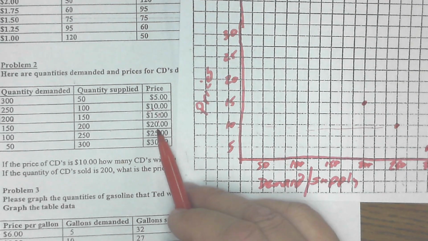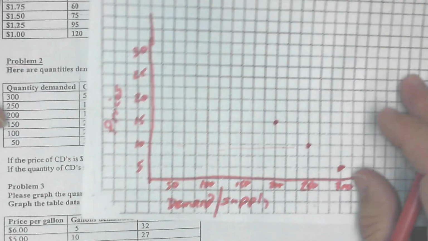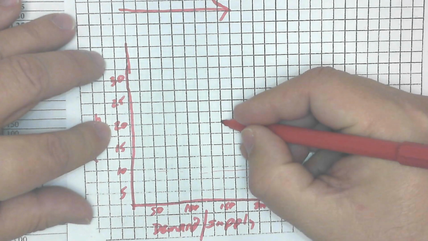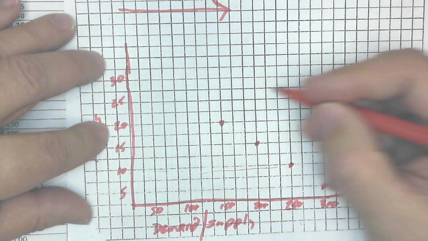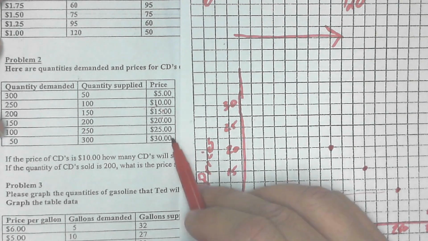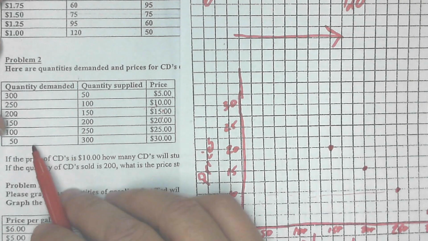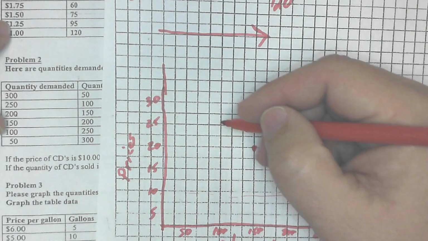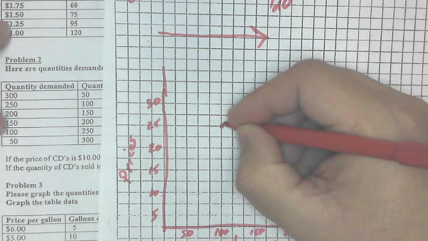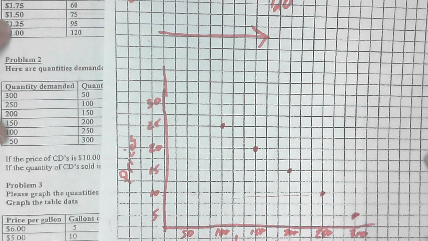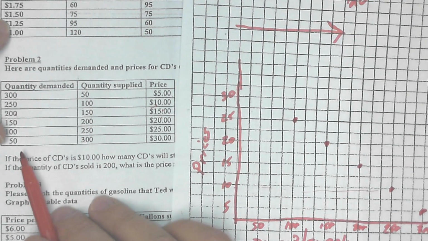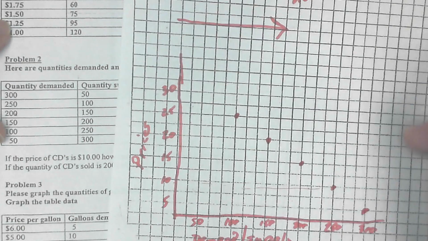So our next price, we got 20 and 150. At $25, our demand is down to 100. Then at $30 for a CD, our demand is down to 50.